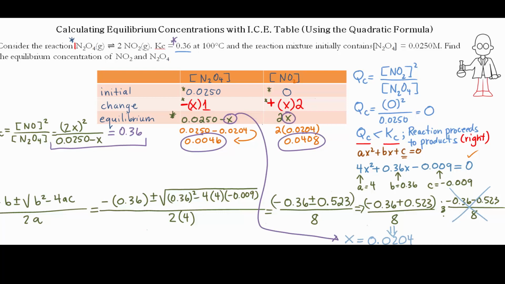So when we plug those back in, these are our equilibrium concentrations. Okay, so now we can plug this expression back in and see if we do get 0.36.